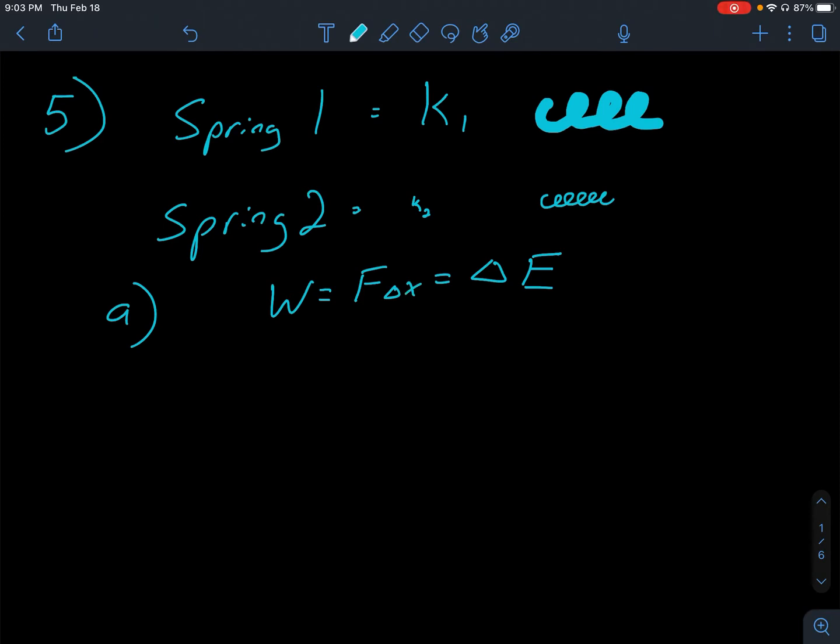So if they're using the same force, we're not really concerned with that aspect of it. It's really how far they're stretched. So if we have these 2 springs, whichever spring has the larger K value, it's not going to stretch as far. So really it's just, the smaller K value is going to grant us that larger displacement.